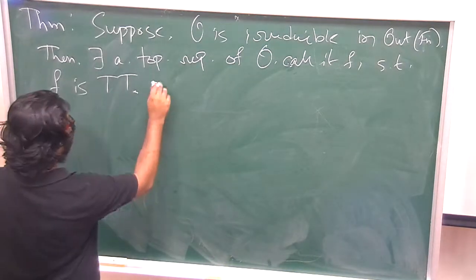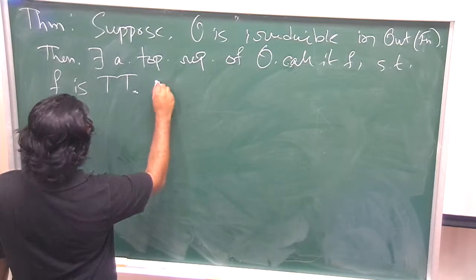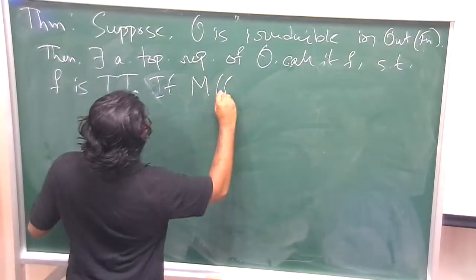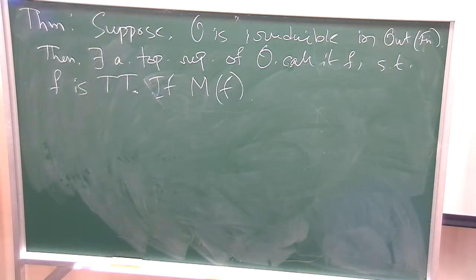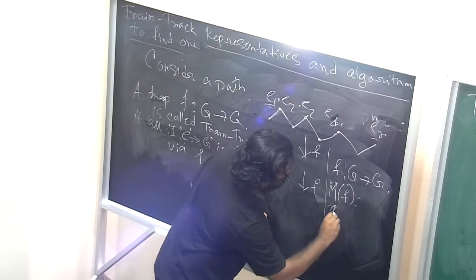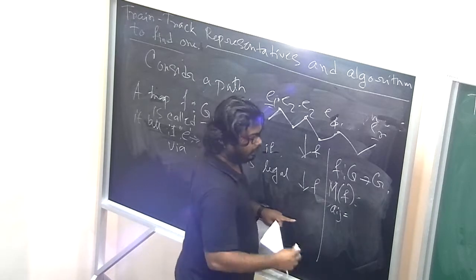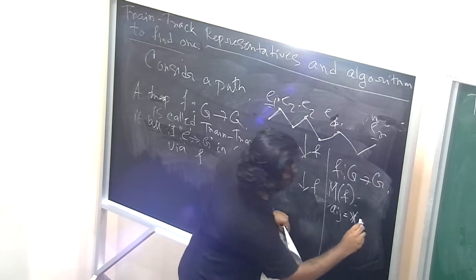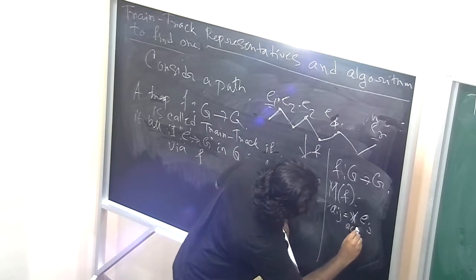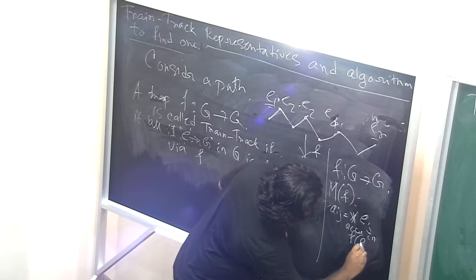Moreover, remember that if I have a map from Z to Z, we can consider a matrix M(f) which represents f, such that a_ij is the number of times the edge ej occurs in f of ei.